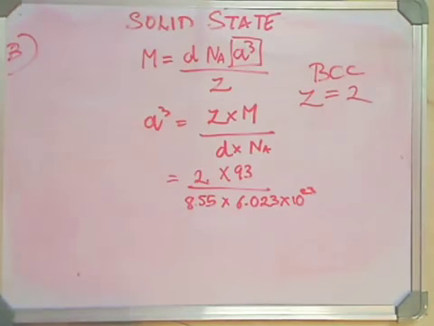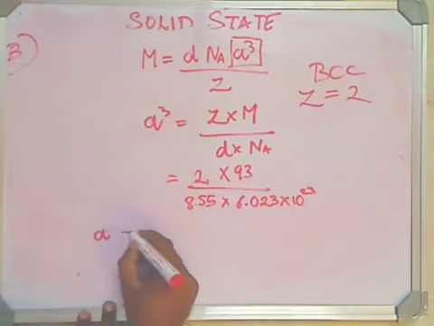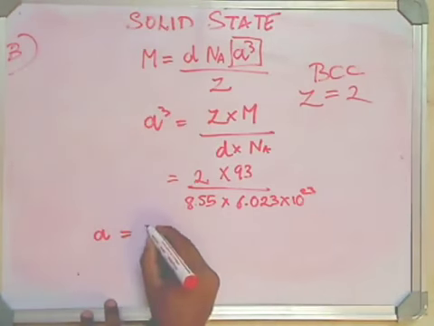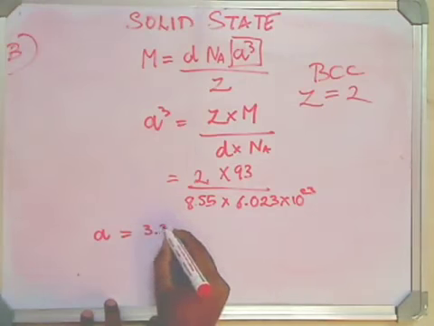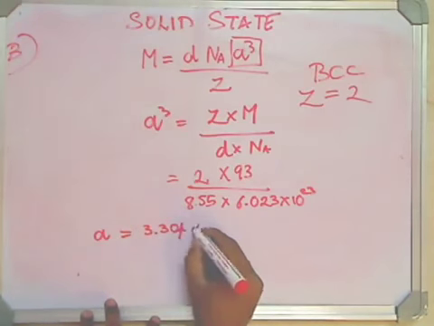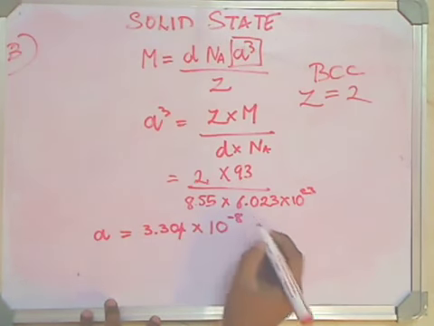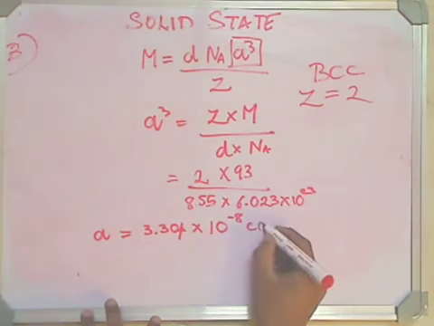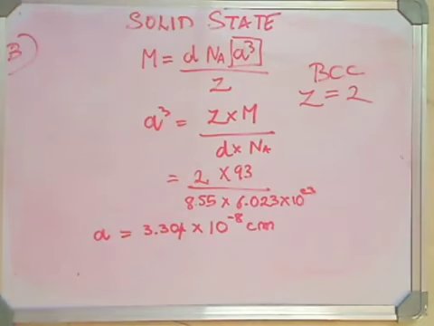Okay, now this should give you the edge length a equal to 3.304 multiplied by 10 to the power of minus 8. Once again, use a scientific calculator to calculate all this. Otherwise, it's impossible to do this on paper without screwing up majorly.